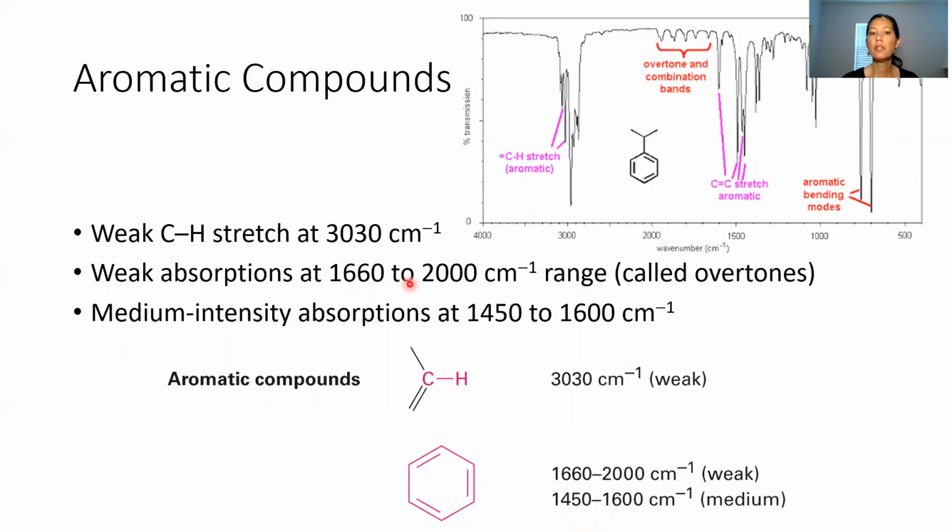The 1660 to 2000 is the overtone region. It's not a big defined peak, it's small little peaks. The CC stretch in the 1450 to 1600 region is an example of what you would see, and then you might also see your sp2 CH stretch in this region.